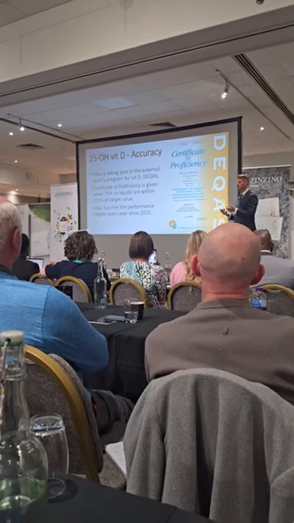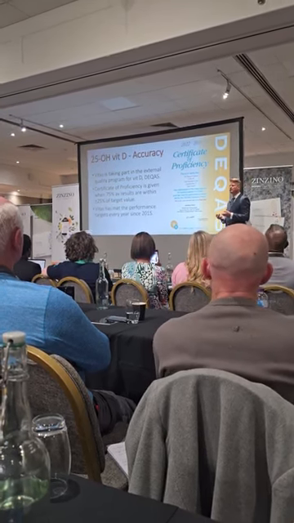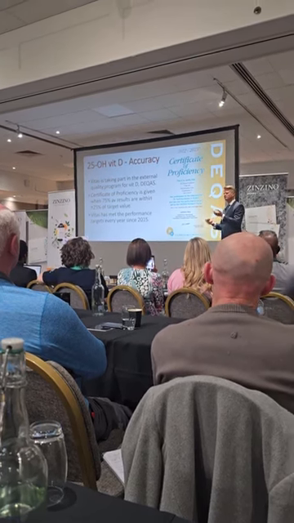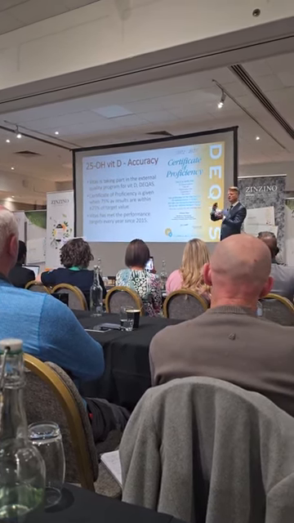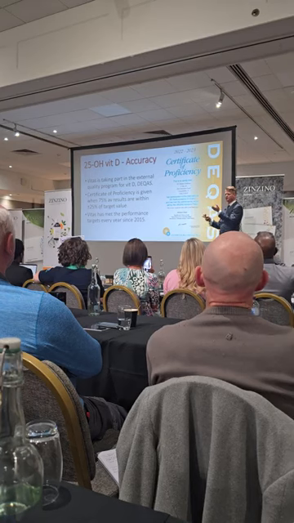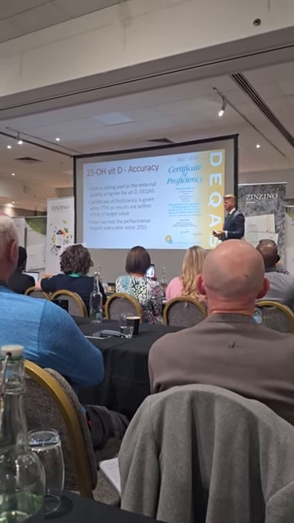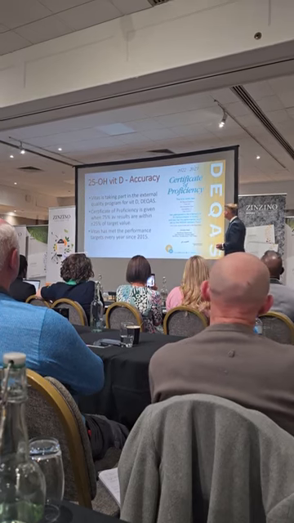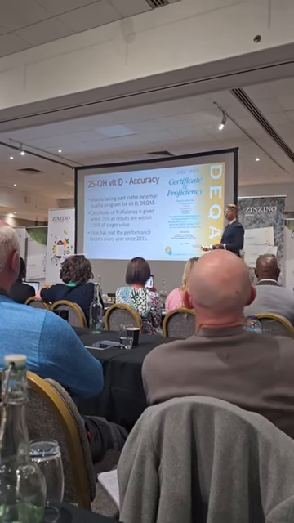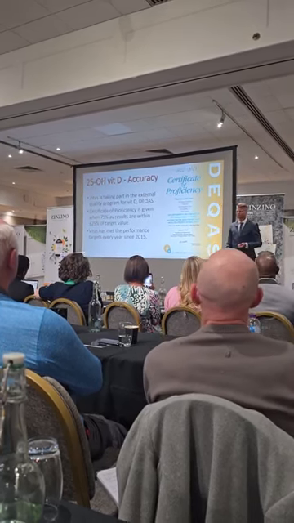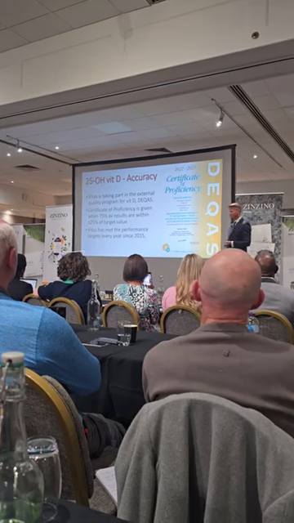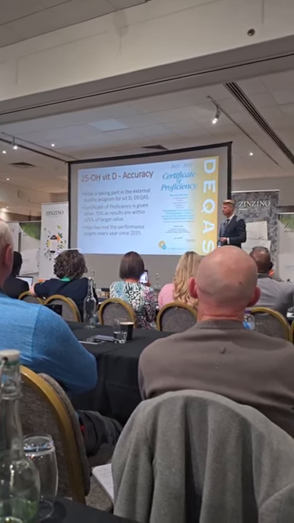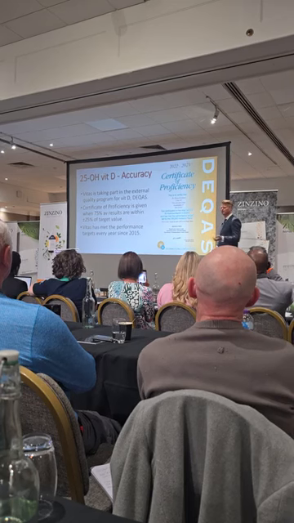They send it back to the coordinator, and then they compile a report. We get this report and we can see how our result compares to all the others, the average of all the others, and the true value that the coordinator has assigned to the sample. If you are within the criteria, you get this diploma that you are fit for purpose. We've been a part of this program since 2015, and we have been compliant every time.